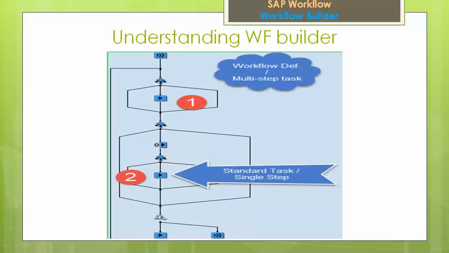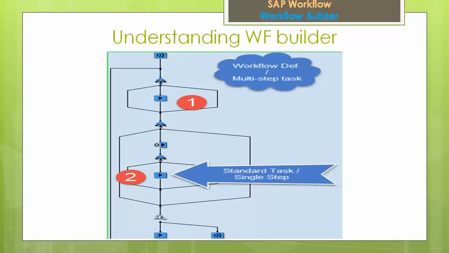For this step there are 3 branches coming out of it, and one branch coming in, and after execution of this step there are 3 possibilities of navigating the workflow execution process. So this is your single step, and this is your task, or your activity, or your step. All are one and the same.